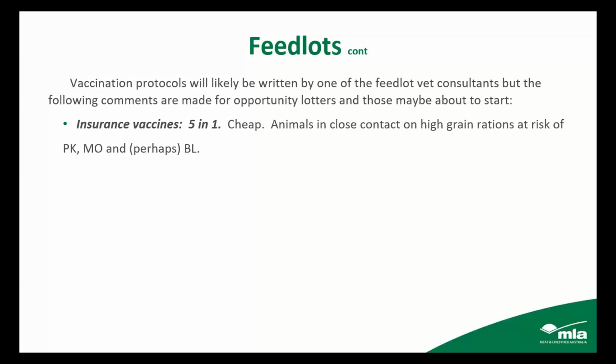So 5-in-1: animals on high starch diets are going to be at some risk of pulpy kidney. Malignant edema is pretty rare. Blackleg is generally associated with rough handling, but it's also quite zonal. But look, you're not going to separate out the various components, so bite the bullet and just do a 5-in-1.